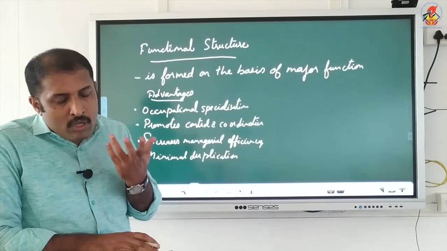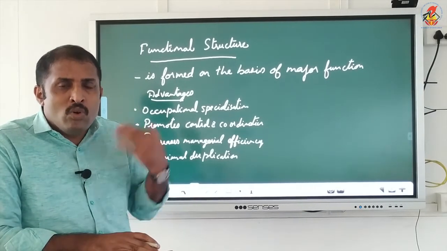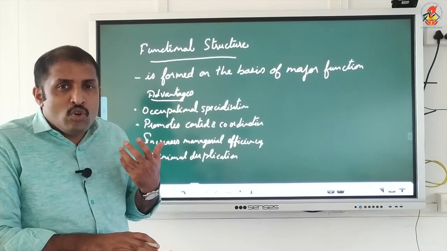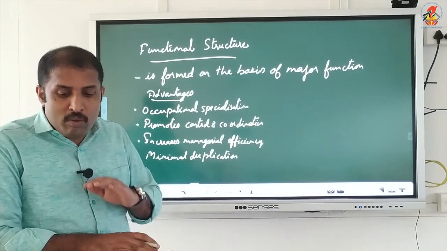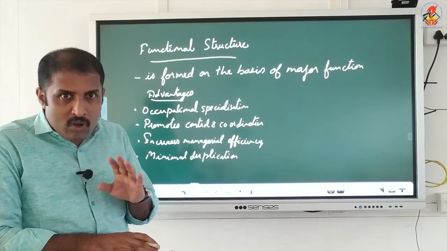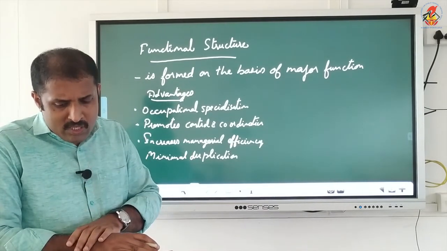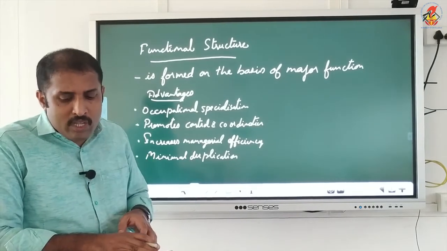Production or purchase, everything is done once, so there is no repetition, no duplication of the same efforts, no duplication of one job. So minimal duplication automatically brings down the cost and results in economy. That is also another benefit.